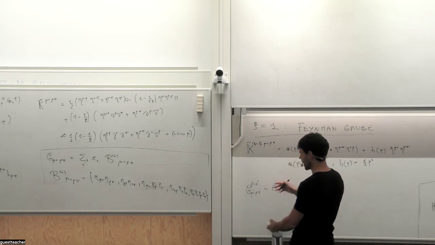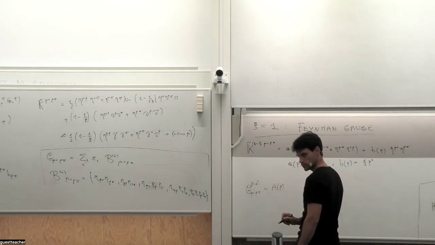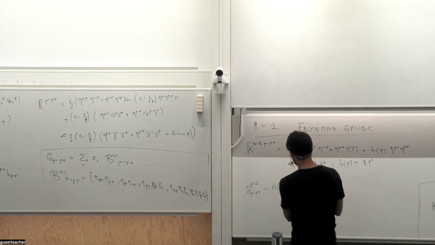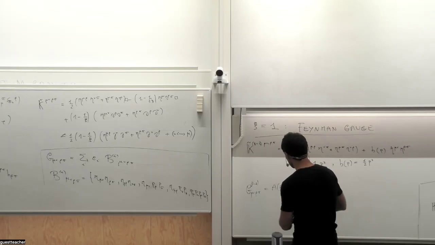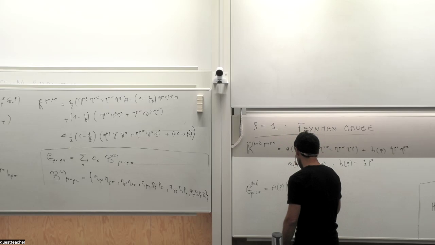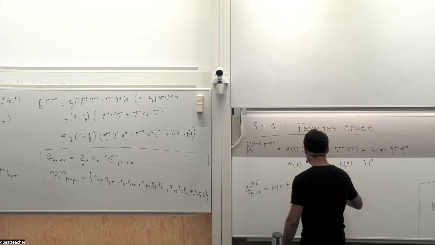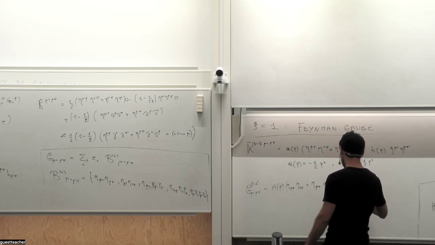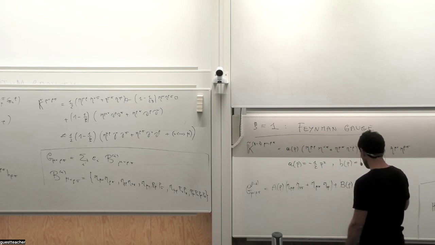So we imagine we have some capital A of P, times eta mu rho eta nu sigma, these are lower indices, plus eta mu sigma eta nu rho, plus some capital B, which is an unknown, we need to find it.